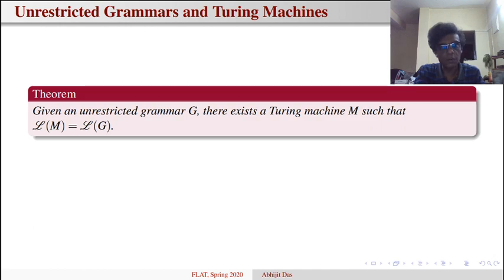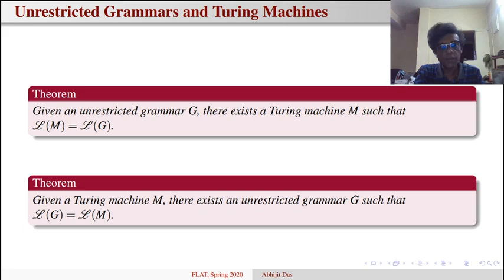Conversely, we will show that given a Turing machine M, we can develop an unrestricted grammar that mimics the working of the Turing machine and generates exactly the same set of strings as the Turing machine accepts.